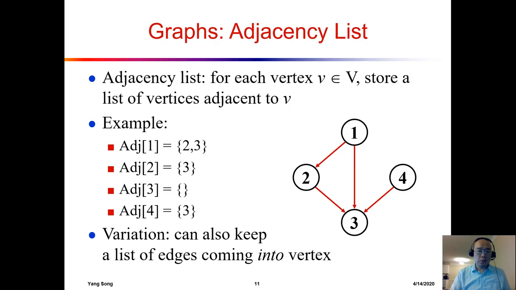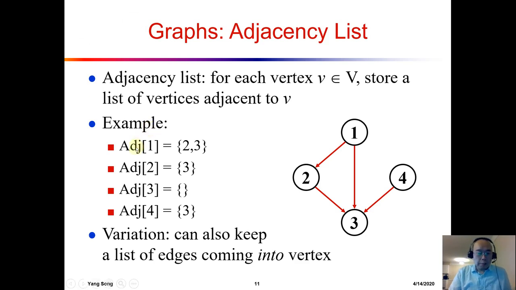So the next choice we have is the adjacency list. In this case, we are using the same graph, and we have a total of 4 nodes. For each node, we want to record what edges are available from this node to other nodes.